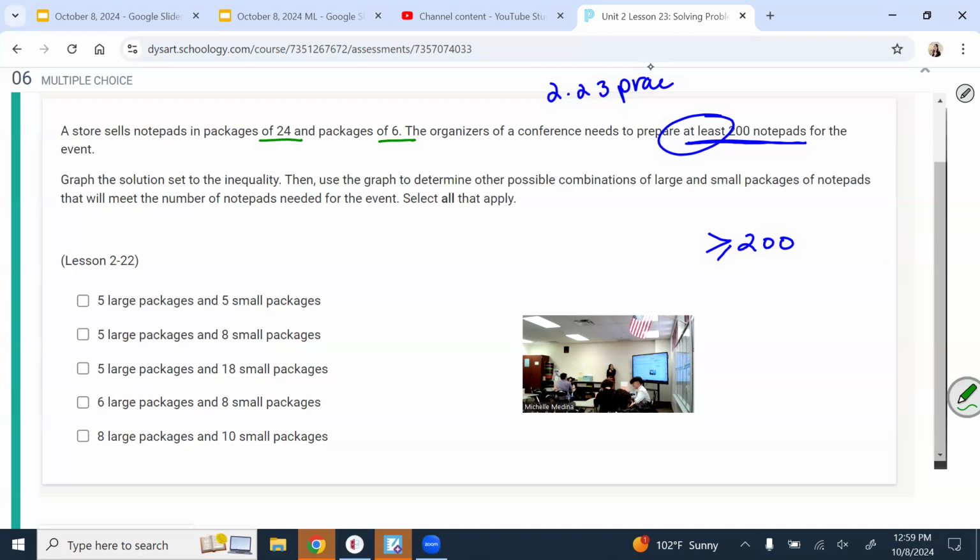So, what should I write for an expression that uses these numbers and accounts for the unknown? What could those be? You guys are just waiting for me to tell you the answer. I'm not done.